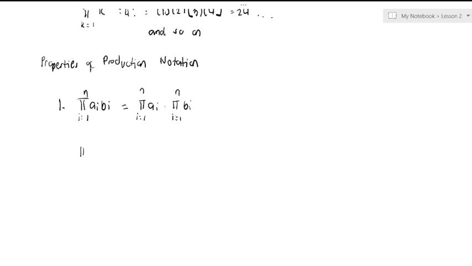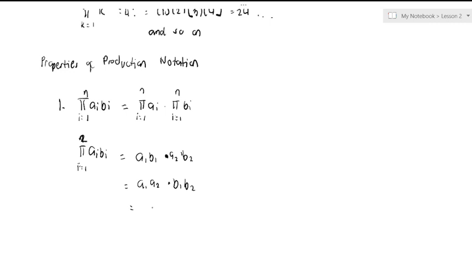So, let's try. For illustration, we have pi a sub i b sub i, i equals 1 to n. So, this is equal to a1 b1 times a2 b2. So, let's make it 1 to 2. Okay? And since commutative ang product, we can have a1 a2 times b1 b2.